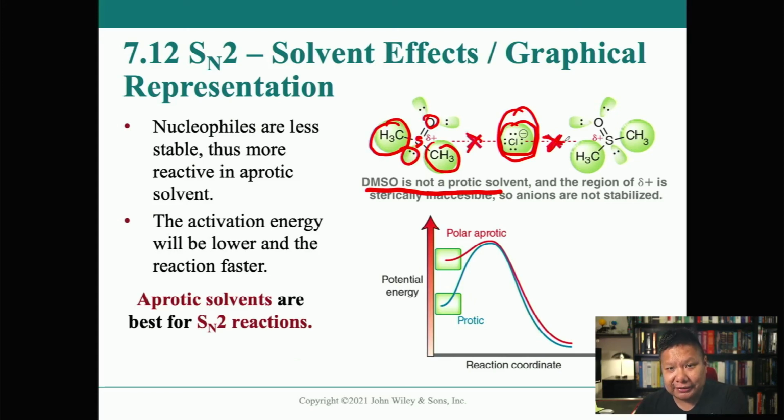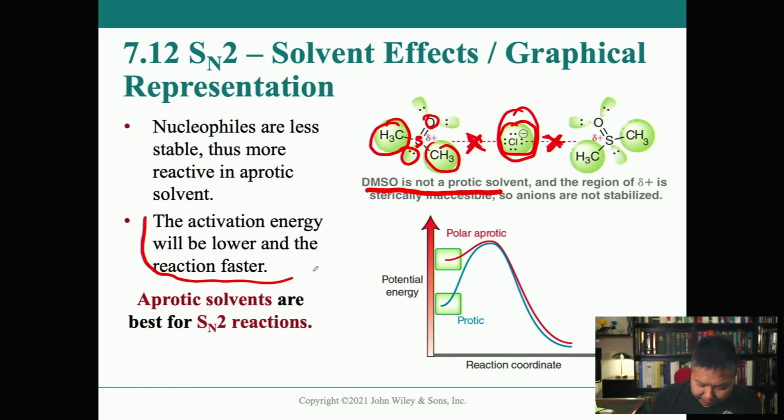Because its partially positive side is completely masked by all the things around it, right? Nucleophiles are less stable and thus more reactive in an aprotic solvent because of that. Since DMSO can't stabilize it, it makes that nucleophile much more high energy, and if it's more high energy, then it has less of a threshold to reach the activation energy barrier to make an SN2 reaction occur.